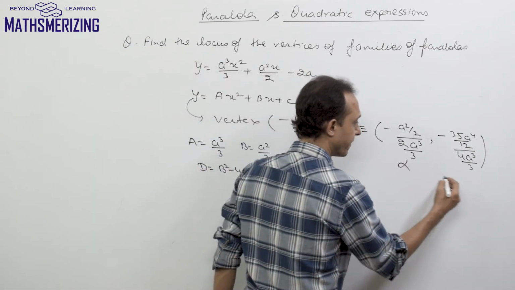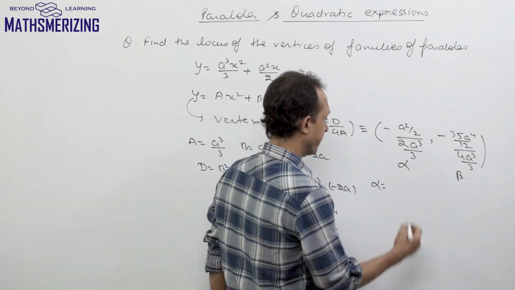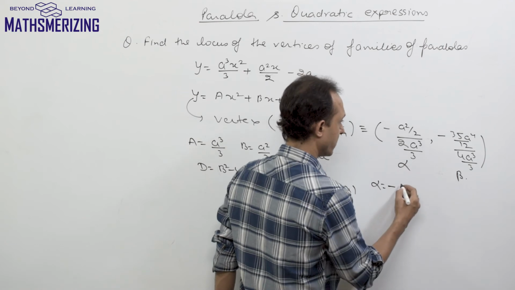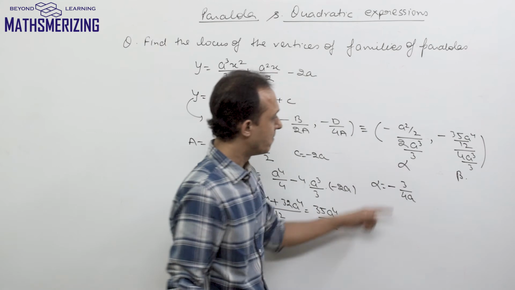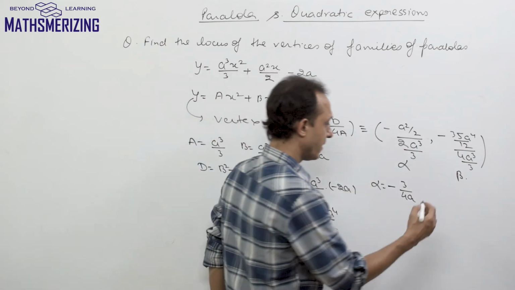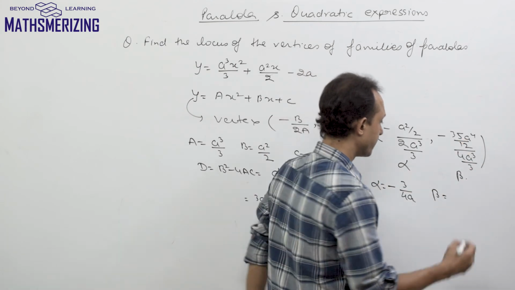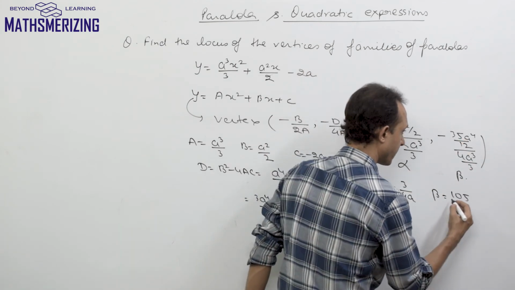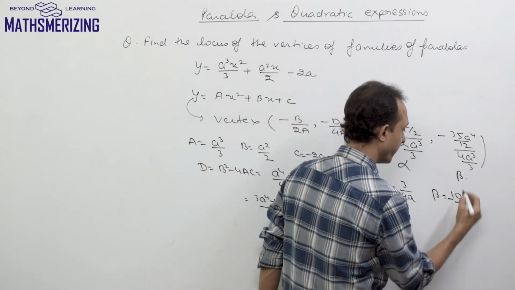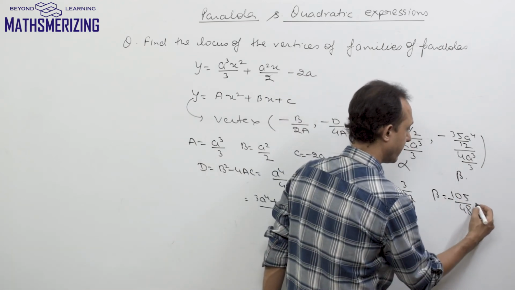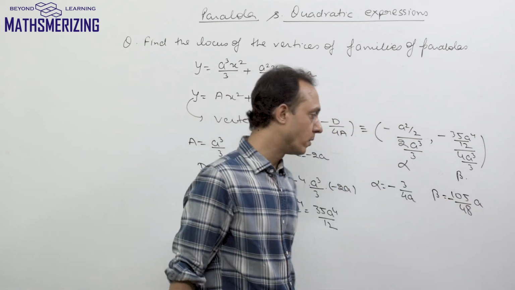Now we need to find the locus of vertices of the family of parabolas. So I'll take this as alpha and I'll take this as beta. In this case, alpha will be simply minus 3 upon 4a, and beta in this case will be, now 35 into 3 is 105, and then 12 into 4 is 48, so minus 105 upon 48 times a. Now we need to eliminate this a, so I'll multiply the two expressions.